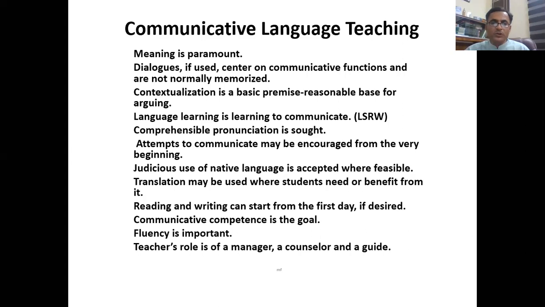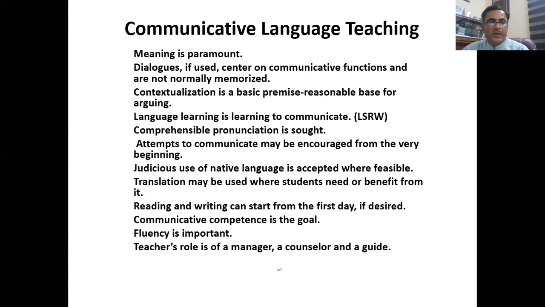You must come up to speak English or any target language, then the accuracy part, the correction part, will be responded to gradually, and it comes gradually that you can speak English not only fluently but also correctly. But you must not be blocked by the fear of accuracy, and that has happened, unfortunately, in our English language history, and that's why we face the situation that we have now.